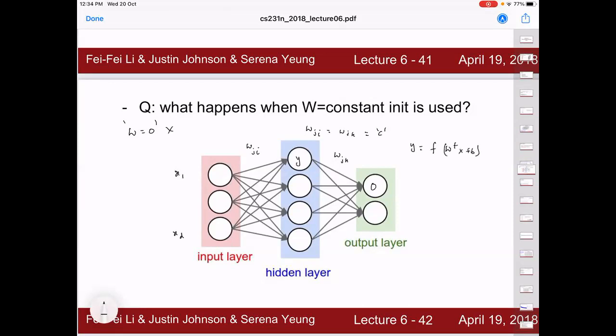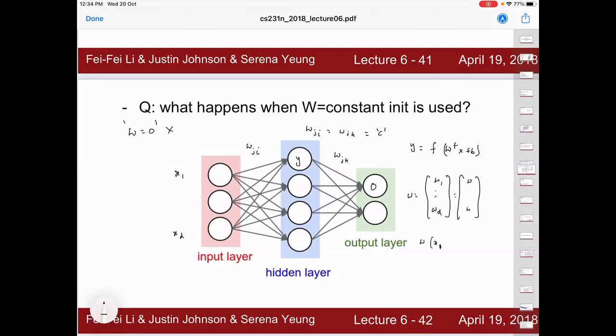Assume that all of w1 to wd are equal, so the w vector is initialized with a constant weight w.